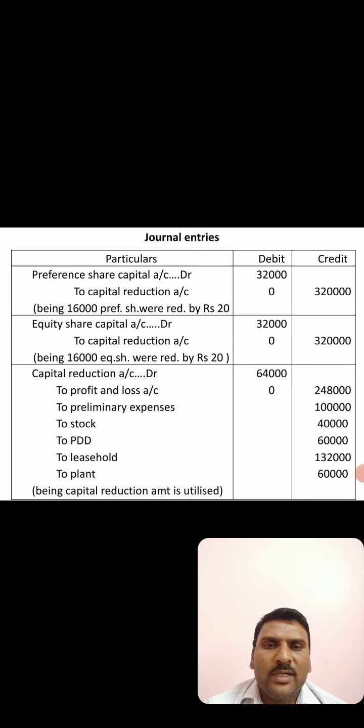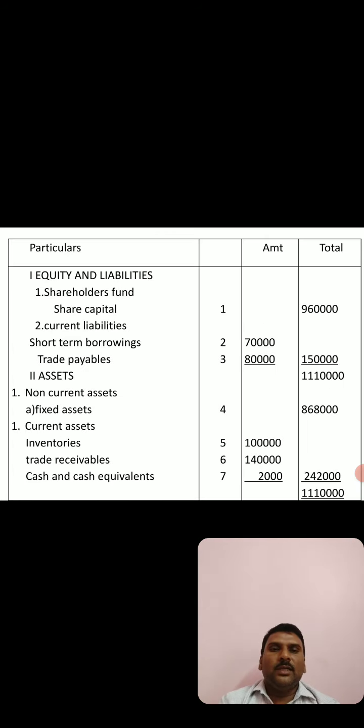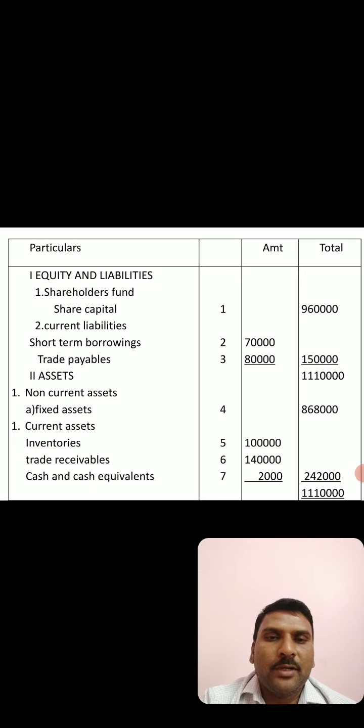Now after internal reconstruction and after writing off all the losses, we have to prepare the revised statement of assets and liabilities. After the scheme of internal reconstruction, the share capital is reduced to 9,60,000. It was 16 lakh in the problem, but now it is reduced to 9,60,000. It is explained in note 1.